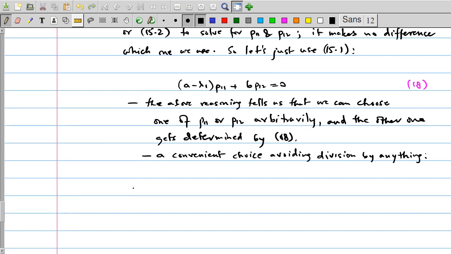So make P11 equal to B. P12 implies, no, not actually. It's lambda 1 minus A. I think actually this is minus. Implies P12. Let's just make absolutely sure of it. Yeah, I think it is lambda 1 minus A, because then the 2 cancel out.